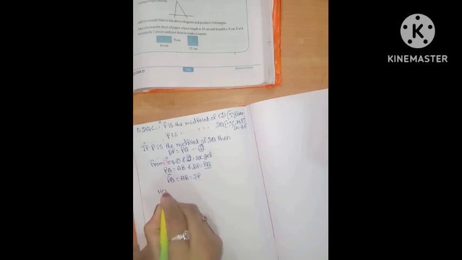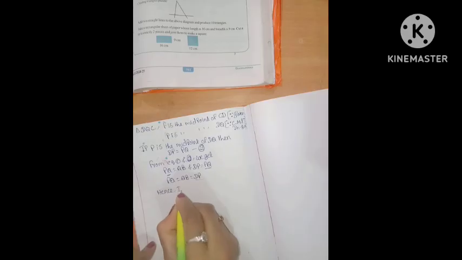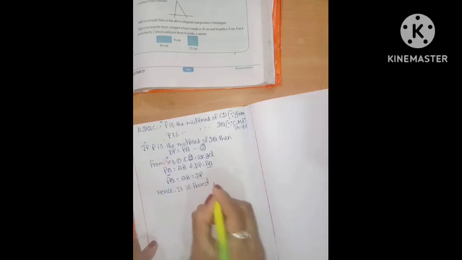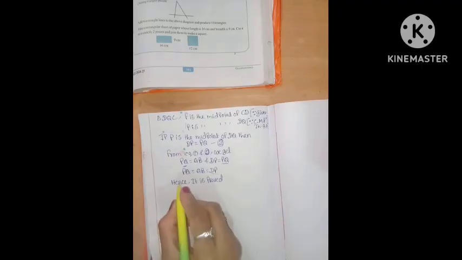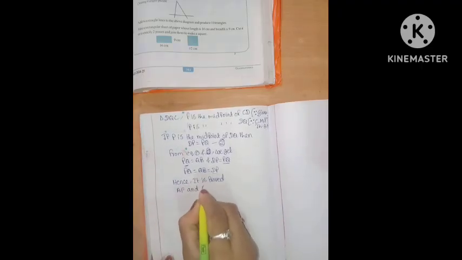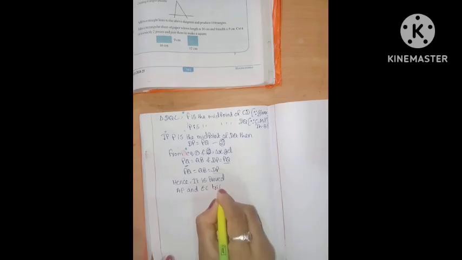Hence it is proved. Are you clear? Yes, AF and EC trisect the diagonal BD.